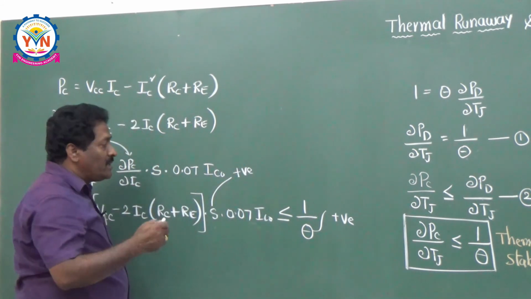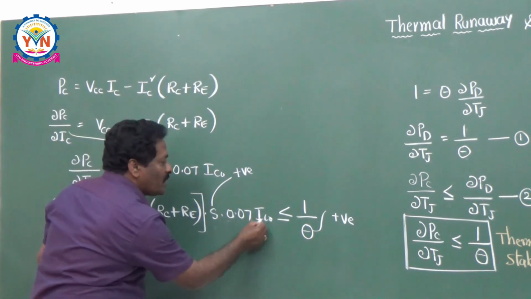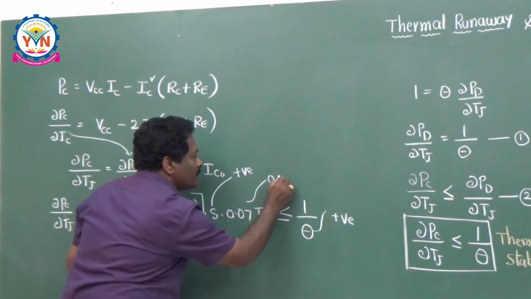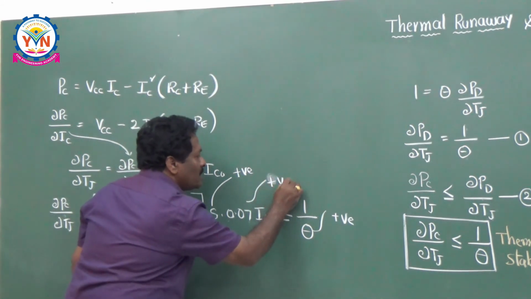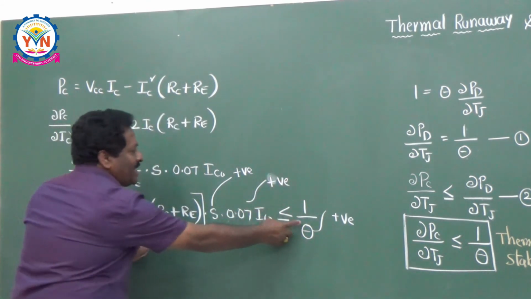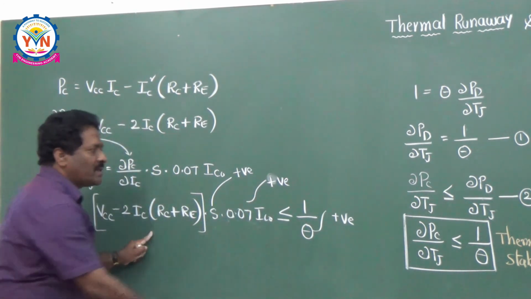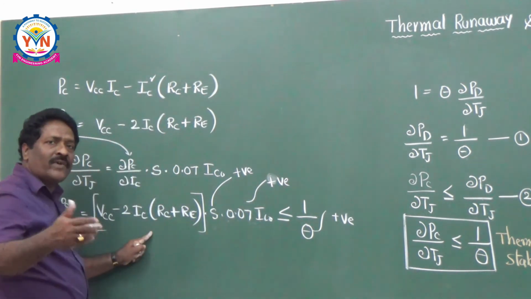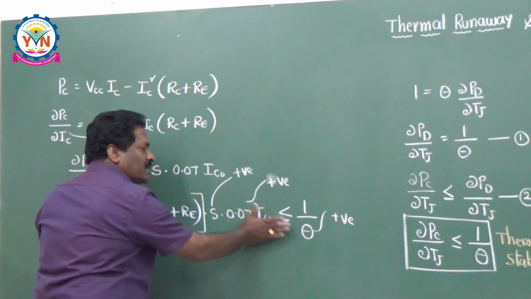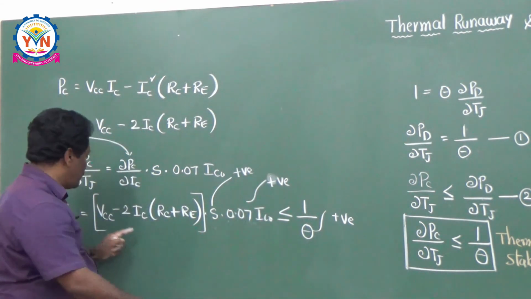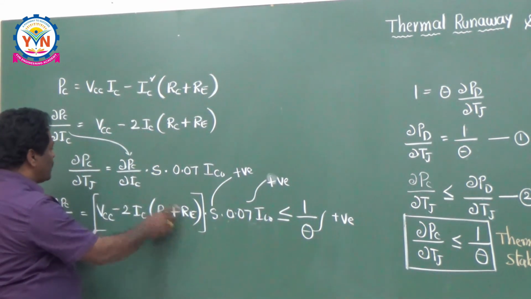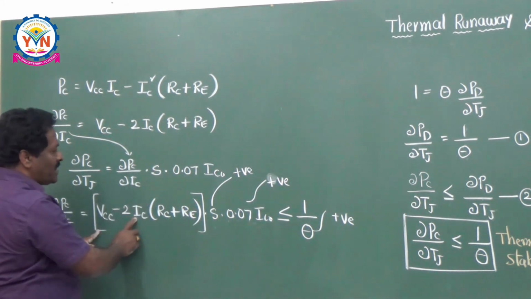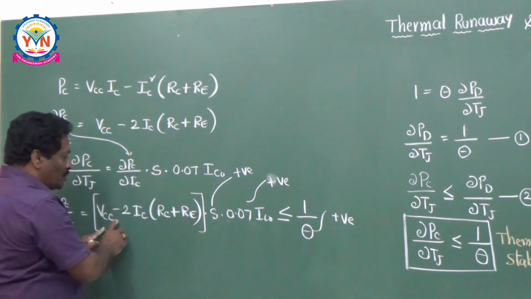The change is positive. Here 0.07 IC naught is also positive. In order to satisfy this condition, as theta, the thermal resistance, is having some value, 100% whatever the things you are having, this dou PC by dou IC should be negative.